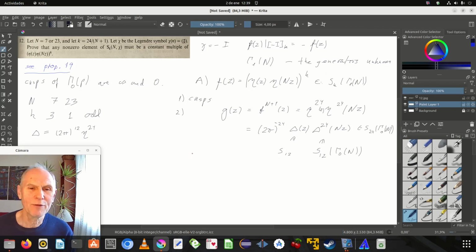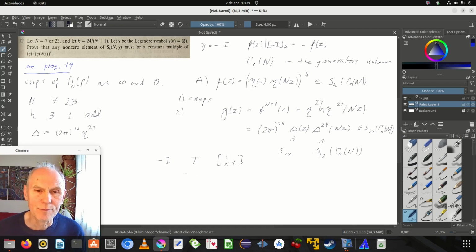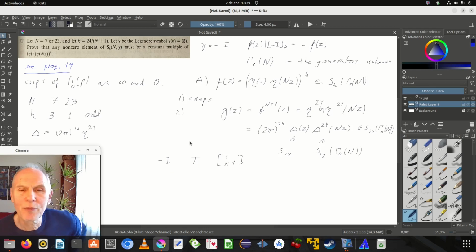I believe we have the generator T and 1,1n. And then we have minus unity, of course, which is why this is introduced. But we know there are more.